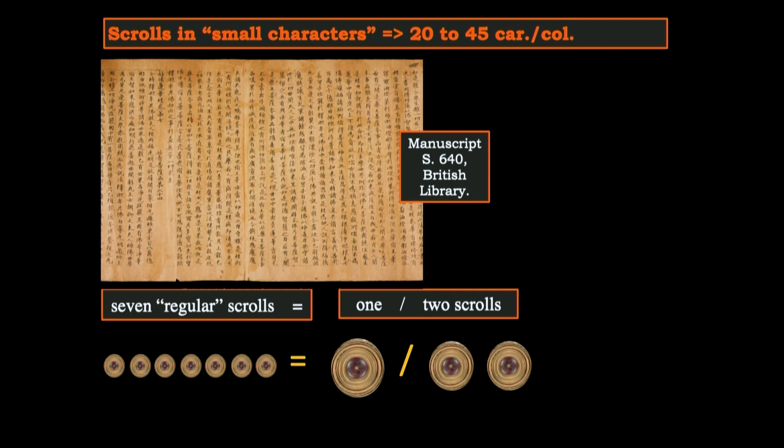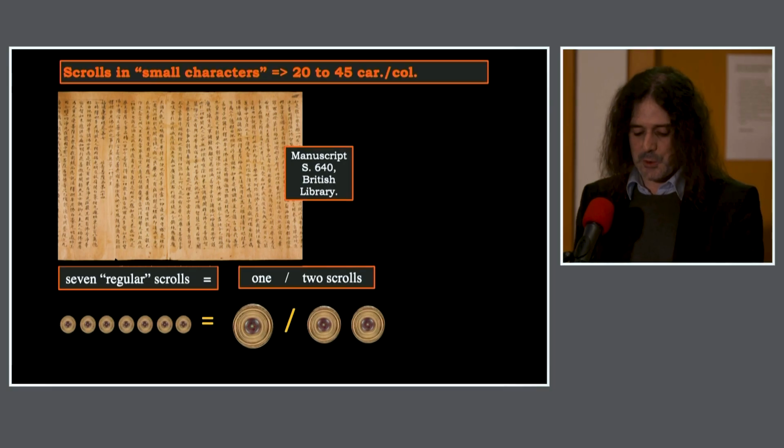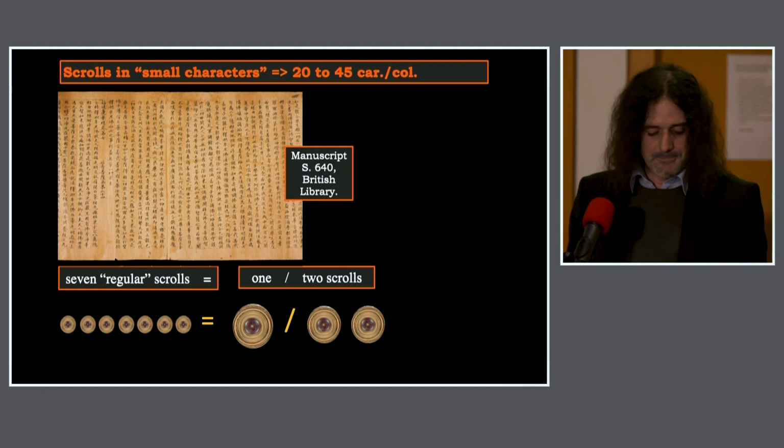And various copies of the Lotus Sutra belong to this category with this layout. Instead of dividing the scripture in 7, 8, or 10 separate scrolls, it was possible to make fit one complete copy of this text in 1 or 2 individual scrolls.